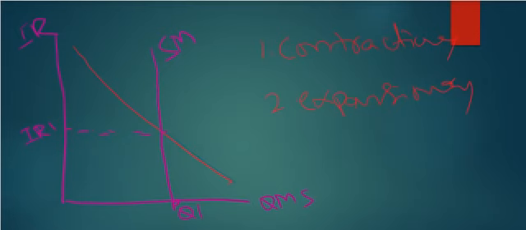If the central bank reduces money supply, let's say the money supplied is at this level now, which is Q2. Now if you see the equilibrium point and the interest rate here at this quantity, let's say this is IR2, the interest rate has increased here. So when the central bank does this contractionary monetary policy, the interest rate is increasing.